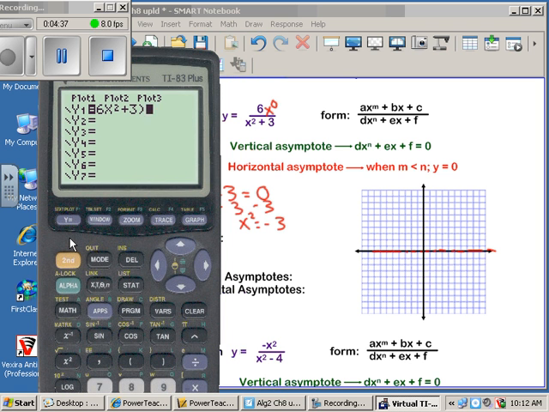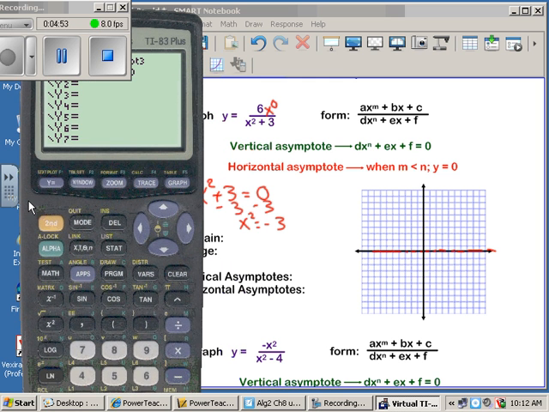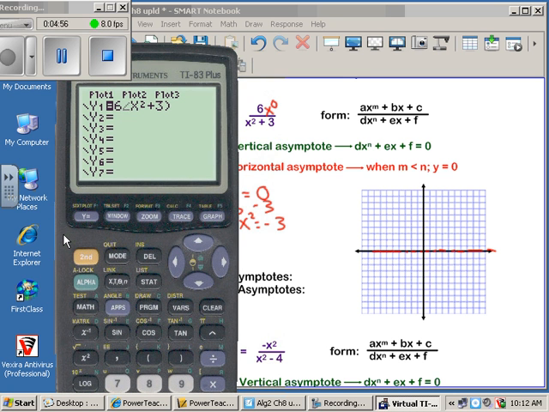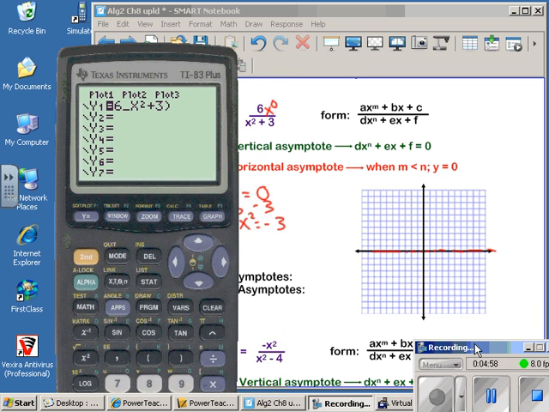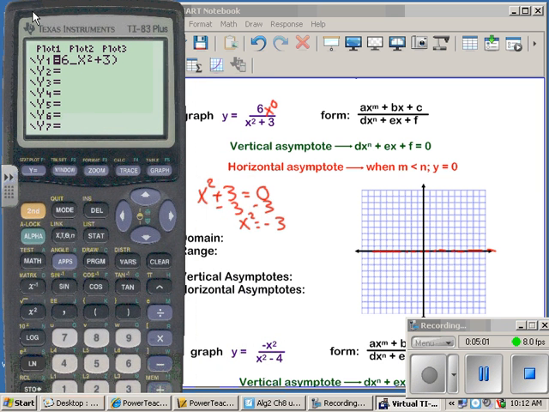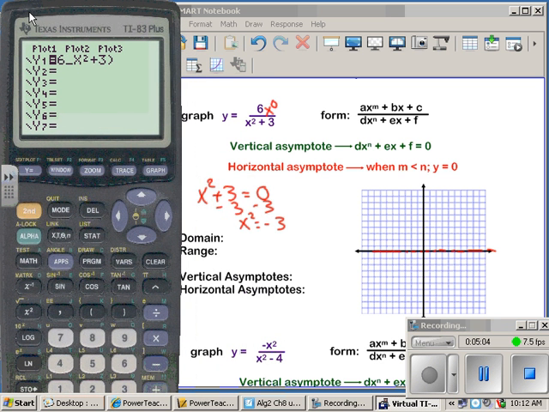Oops, I need to fix that. Again, 6 divided by x squared plus 3. All right, so let's see what that looks like.